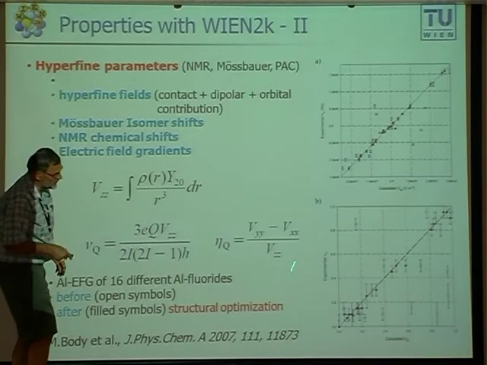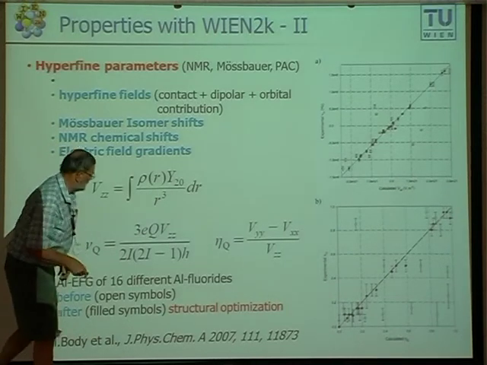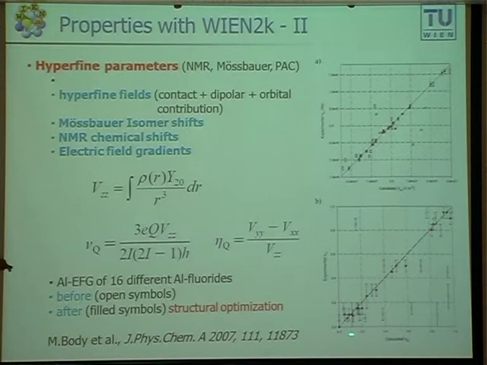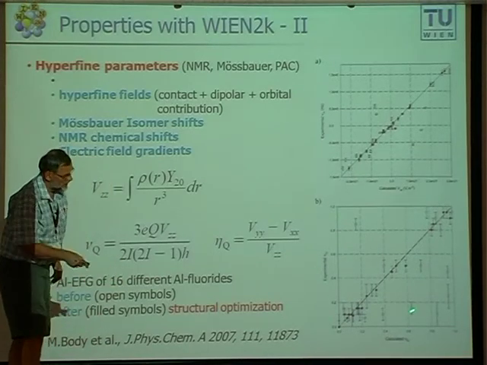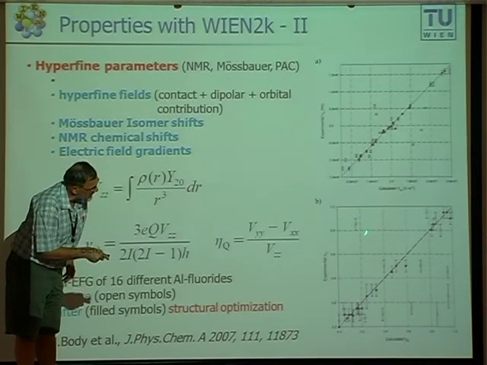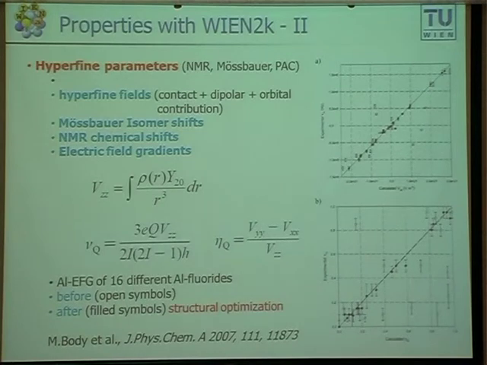And look, for instance, here, never mind the details, the open symbols of these 16 different compounds, the calculated value versus experiment. If you look at the open symbols, they are all over the place. There is hardly any correlation. Why is that? Because we use the experimental geometry. And for some of these materials, the experimental geometry is apparently very, very wrong.